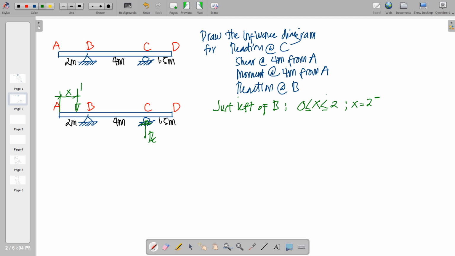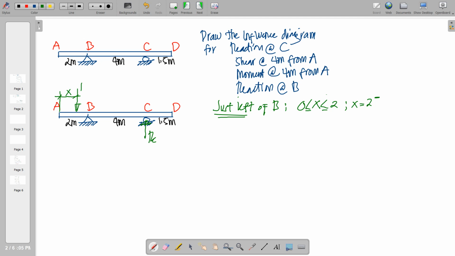So it covers from 0 to 2. It might be equal to 2, but not greater than 2. So it is 2 minus. That is indicating that your equation covers from A to B, and it is just left of B.